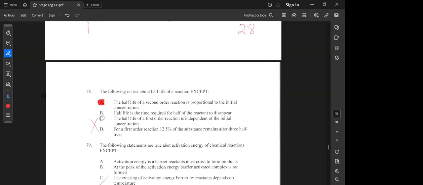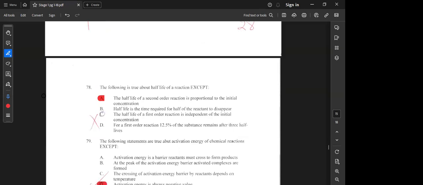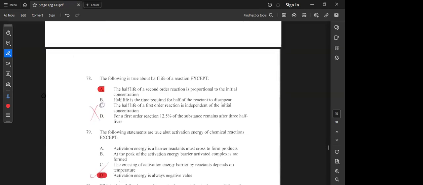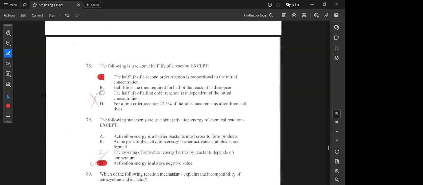Before we go to the next question, number 79, I was wondering about the choice that we took: activation energy is always a negative value. If the choice was that activation energy is always a positive value, would that then be the answer?